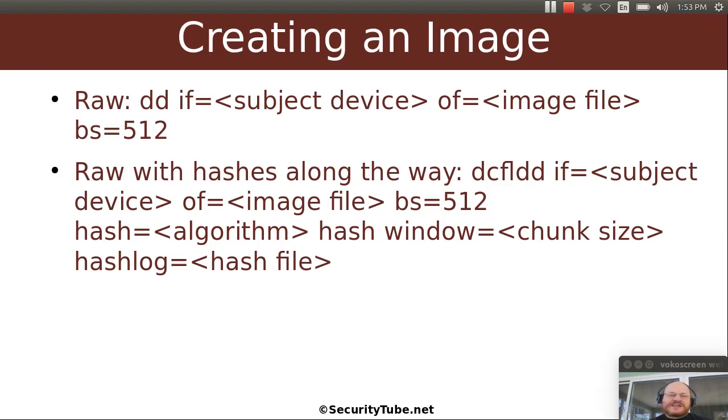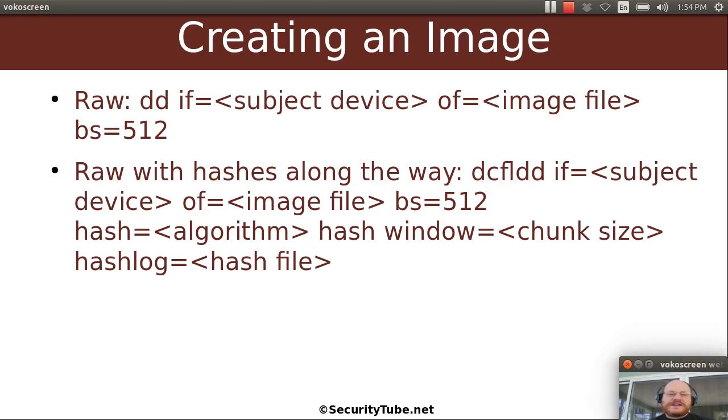Some years back, a few folks got together and they wrote an enhanced version of DD just for forensic stuff. That product is called dcfldd, which should already be installed on your system if you ran the script that I presented in an earlier video.